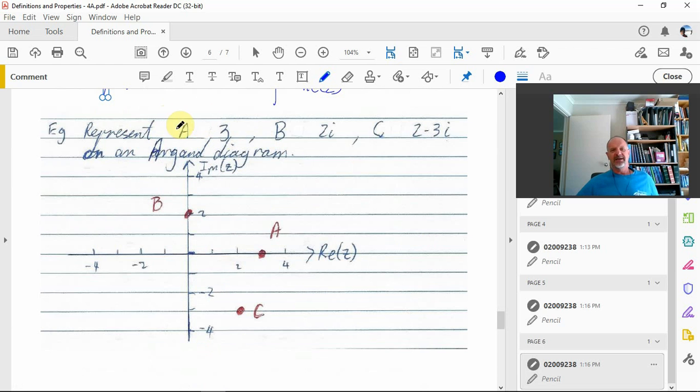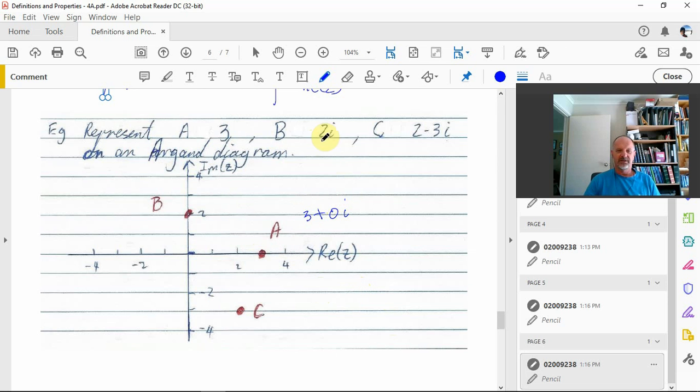And there's a couple of examples. So A is 3, that's only a real part. And so if there's only a real part, it's got to go on the real axis. So for A, you think that is 3 plus 0i.